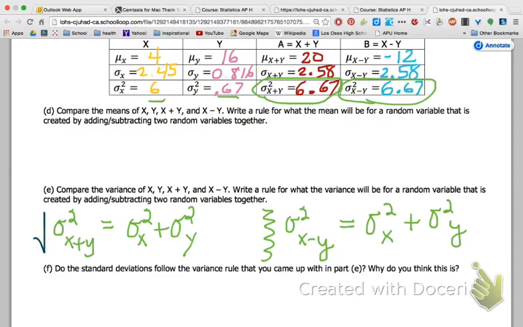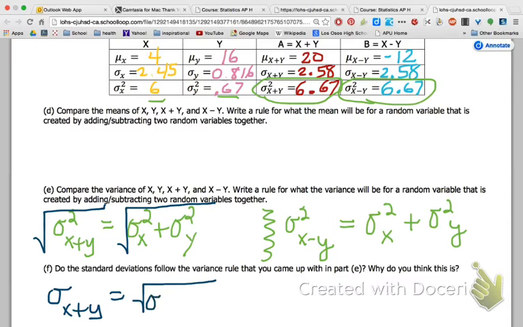So this, of course, would give me the standard deviation of x plus y. But whatever I do to the left, I must do to the right. And I cannot split those. They must stay together. And so what I want you to do is check with your calculator, is this 2.58 the square root of the variance?